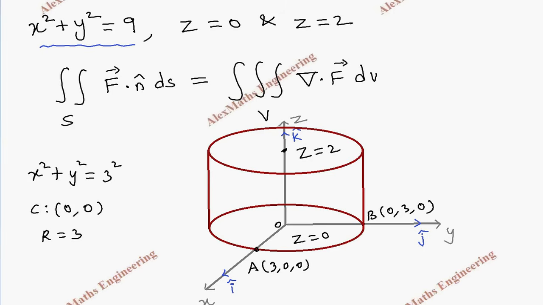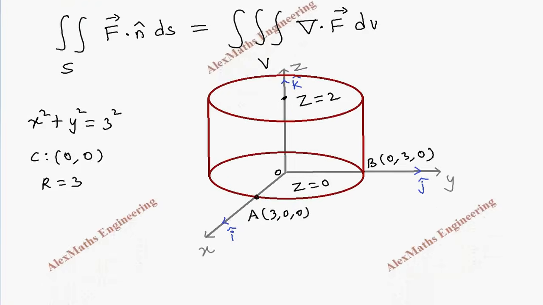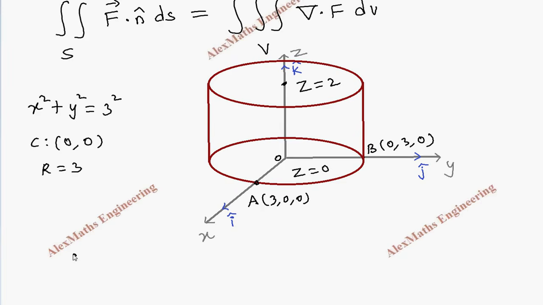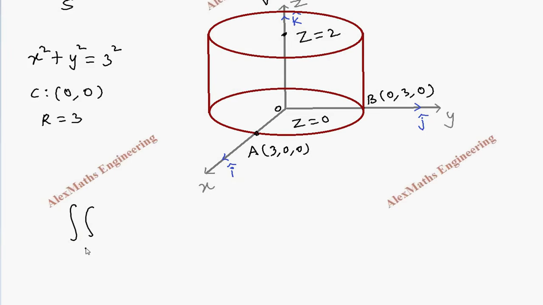Now coming to the left hand side of the Gauss divergence theorem, it is double integral over the surface S f vector dot n cap ds. But we have three surfaces.